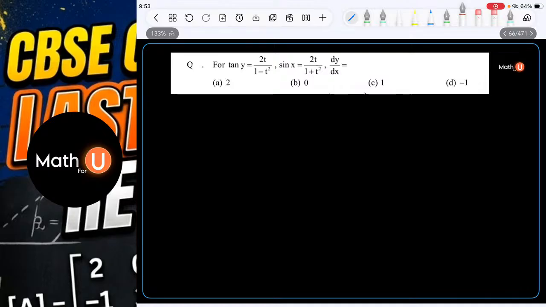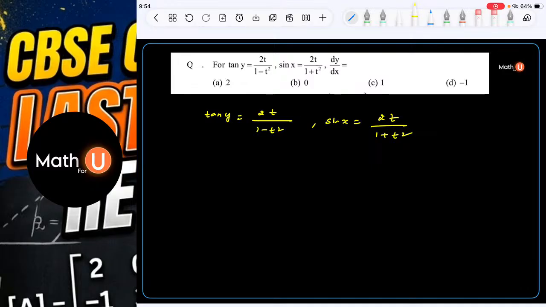Then we discuss this question. Here tan y is given as 2t by 1 minus t square and sin x is given as 2t by 1 plus t square. Then they are asking to find dy by dx. See how to simplify this one.